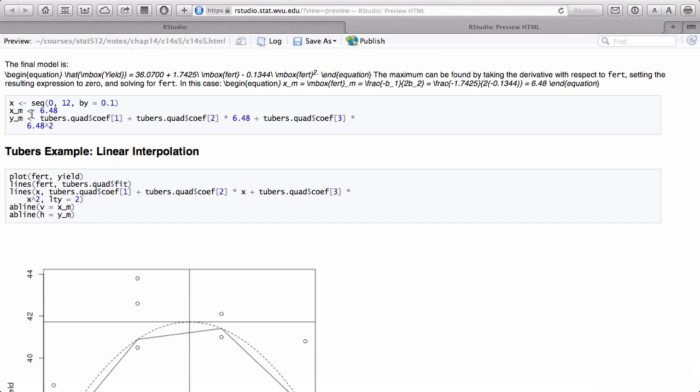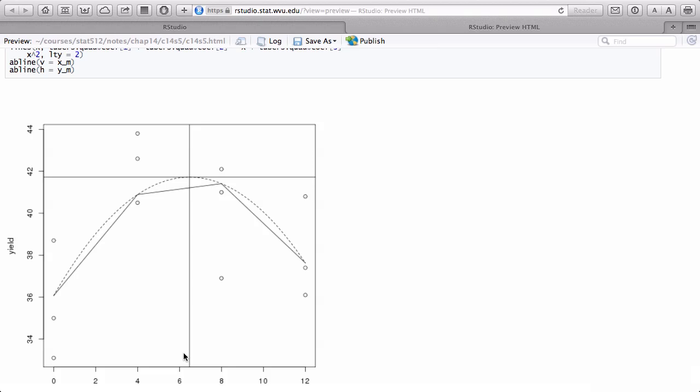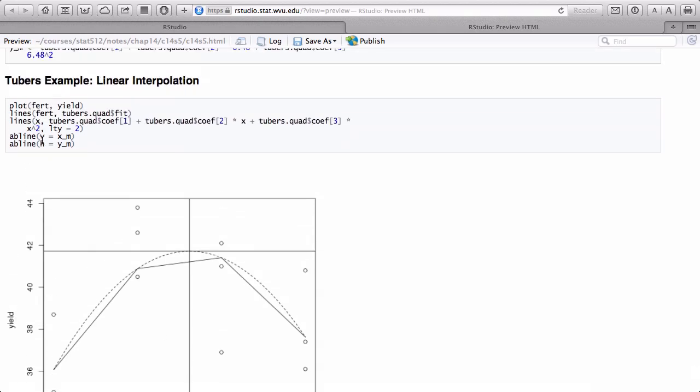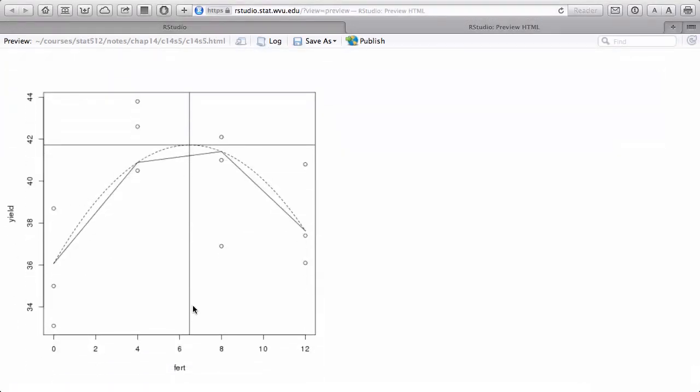So by calculus you can find 6.48 as the x value that corresponds to the maximum, and the actual maximum is given by y sub m. And so that's what these vertical lines are. There's a vertical line at xm and a horizontal line at ym. So this line right here, that's the x value corresponding to max, and that's the actual max right here.